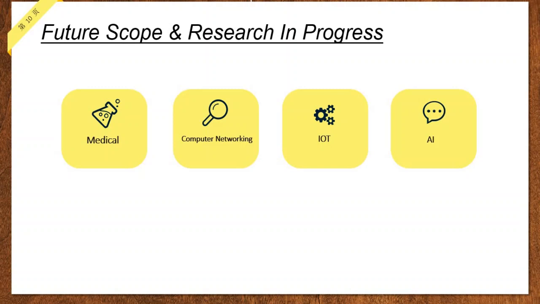Then AI, it's a big topic, but using a machine learning model we can train a particular embedded system to perform a particular operation, either with a general purpose computer or at the individual level. That can be done, and that is being done. AI being a big branch contains data science and all those things. So this is regarding the future scope and research in progress.